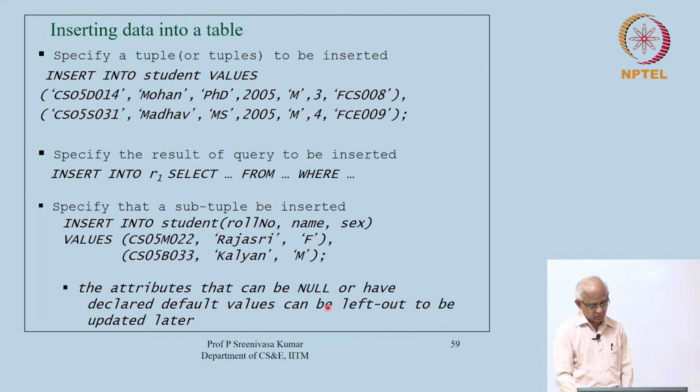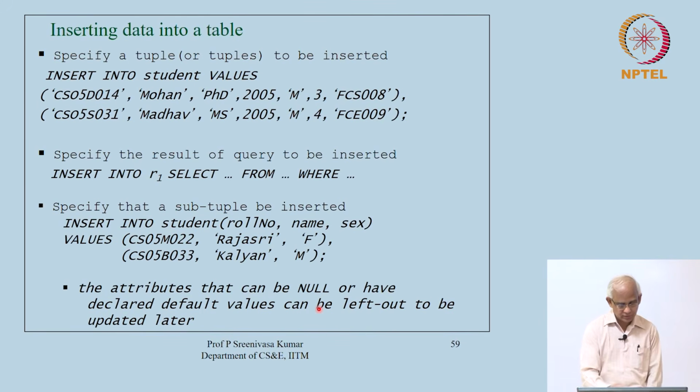If you do not insert data, then if the attribute is allowed to be null, null will be used, and if default values are defined, default values will be used. Okay. So, inserting data into the tables can be done like this.